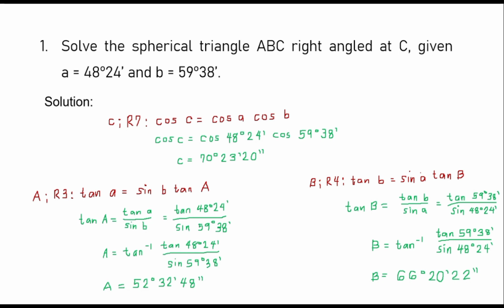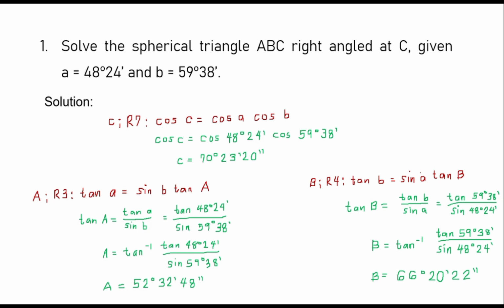Then, to find a, we use the formula of rule number 3, which is tangent a is equal to sine b times tangent A. So we have tangent a is equal to tan A over sine B. So tan a is equal to tan of 48 degrees 24 minutes over sine of 59 degrees 38 minutes.